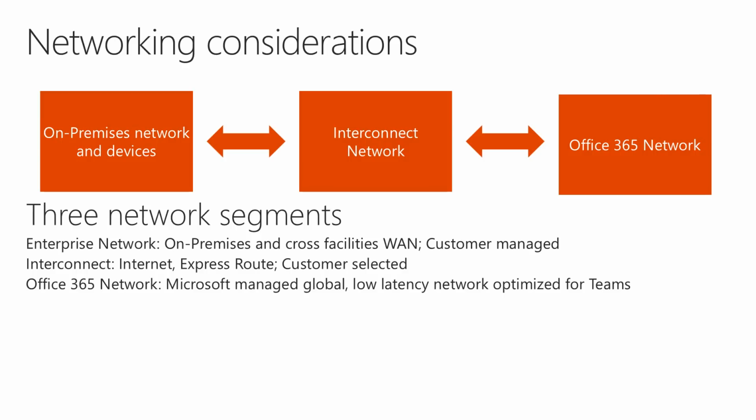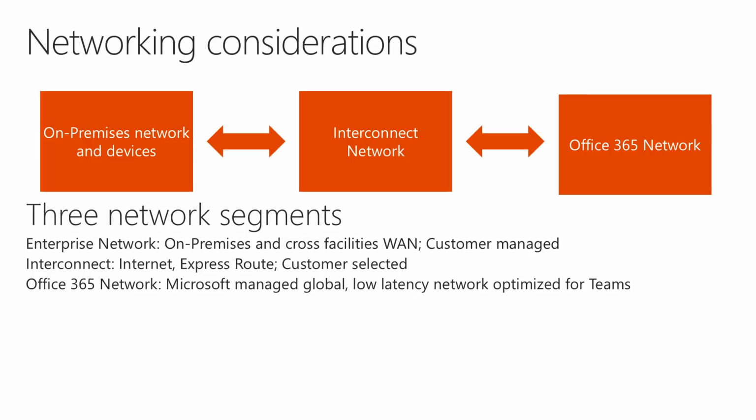Then you have this interconnect network. This might be the internet or ExpressRoute if you chose to deploy it. And this is really your internet provider connecting your enterprise network to the Office 365, the Microsoft network. And while you cannot configure it or change it, you have some influence over it by either switching to another internet provider or working with your internet provider to optimize the peering with Microsoft.